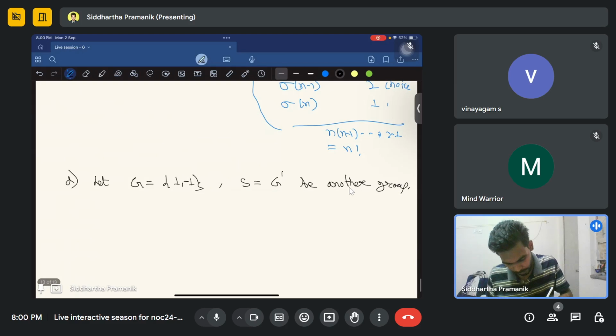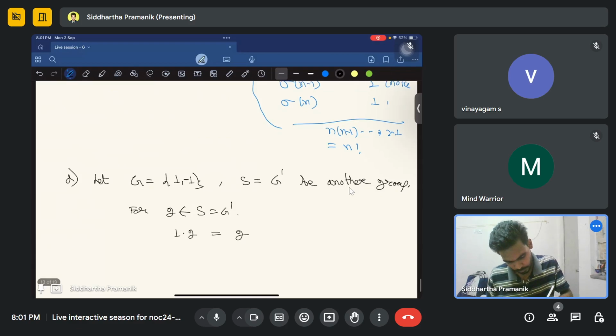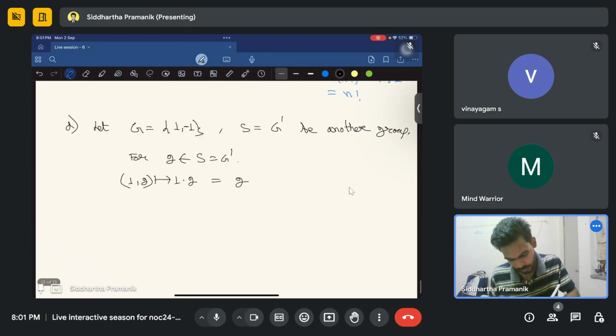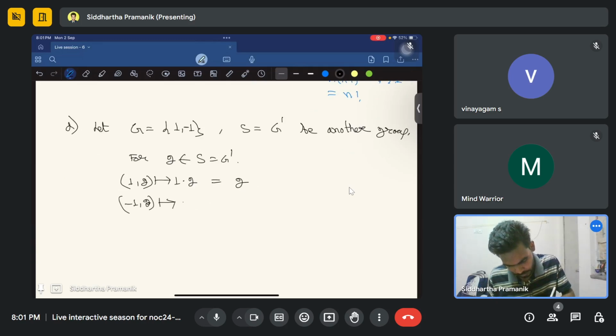So now define, for g belongs to S, 1 dot g as g, and minus 1 dot g as g inverse.